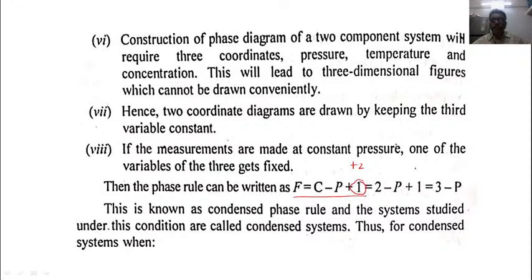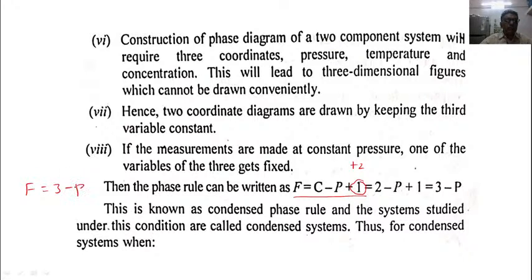If we keep the pressure constant, only temperature can be changed. So F is equal to C minus P plus 1. In this two component system, C is equal to 2, so F is equal to 2 minus P plus 1, which is equal to 3 minus P. So the phase rule can be written as F equal to 3 minus P.